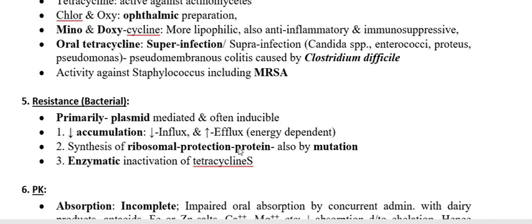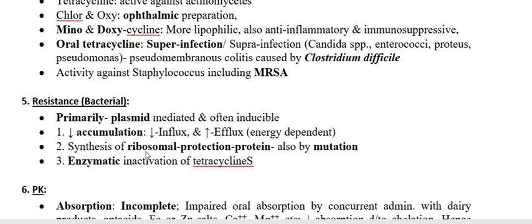Another mechanism is that the target of this drug is the 30S ribosome. So the resistant bacteria are going to cover the susceptible protein-synthesizing ribosome. They synthesize a protein, and that protein covers the susceptible ribosome.